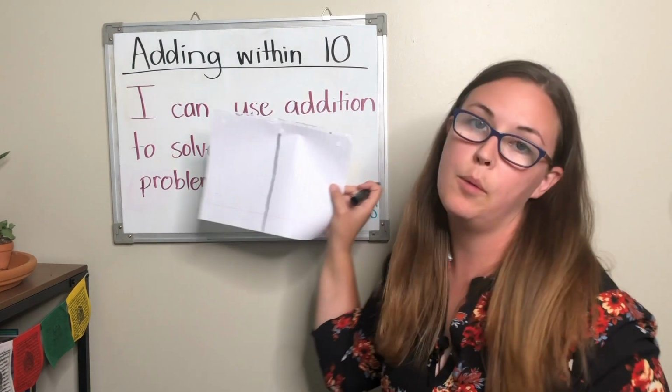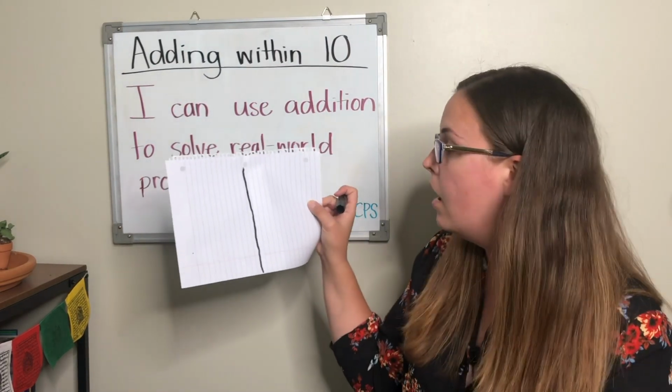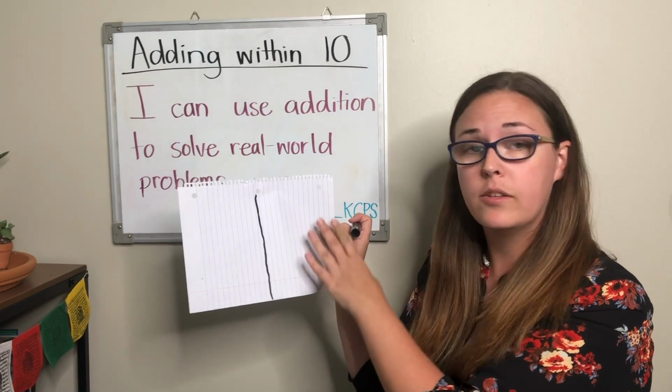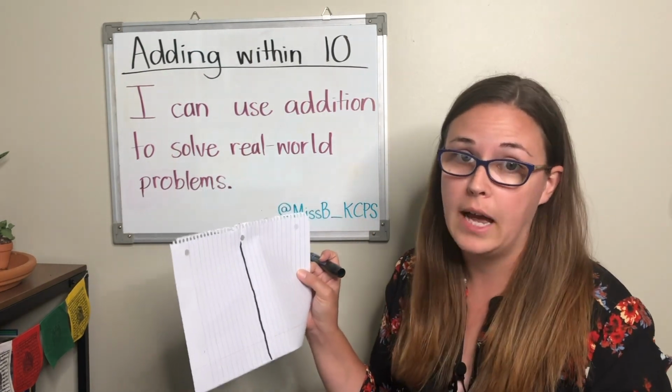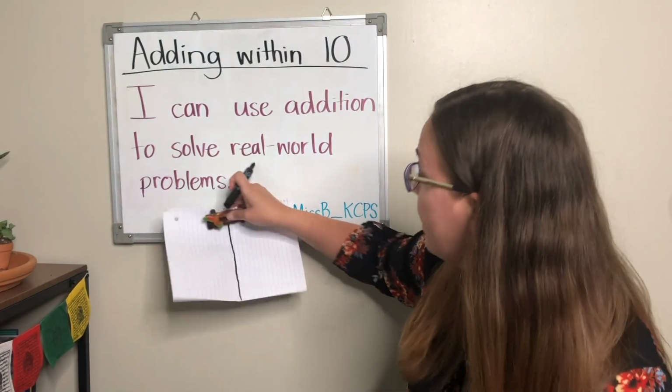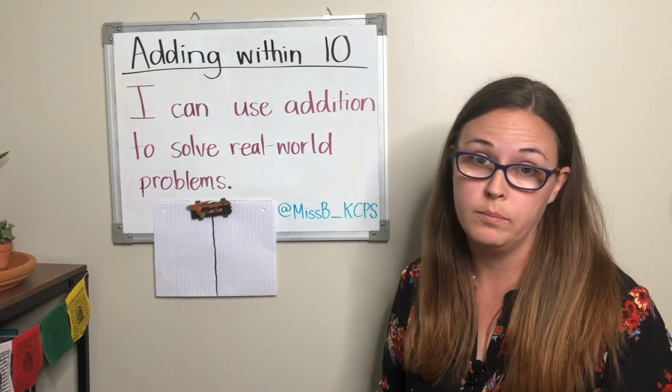Now, it's okay if it's not perfect. You'll see that mine's not perfect. But it's important here that we have two distinct sides so that we can separate the objects that we're counting. So if you don't have a part whole map, that is a quick and easy way to make one.